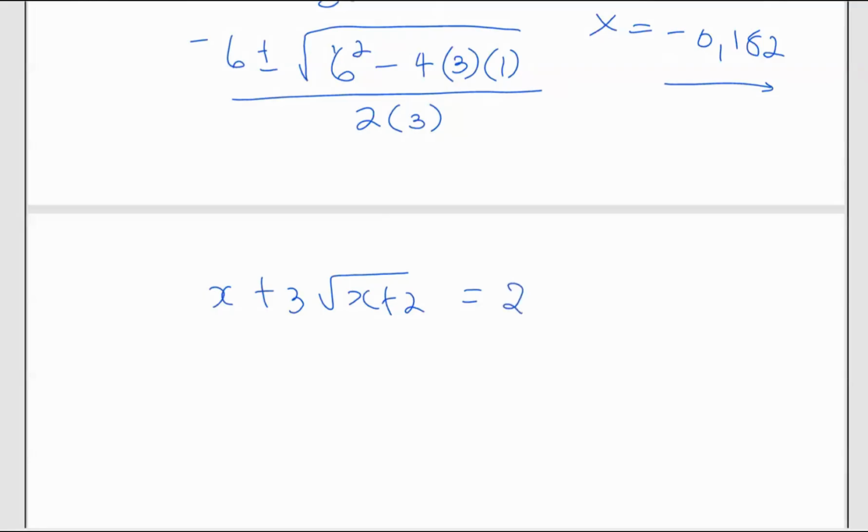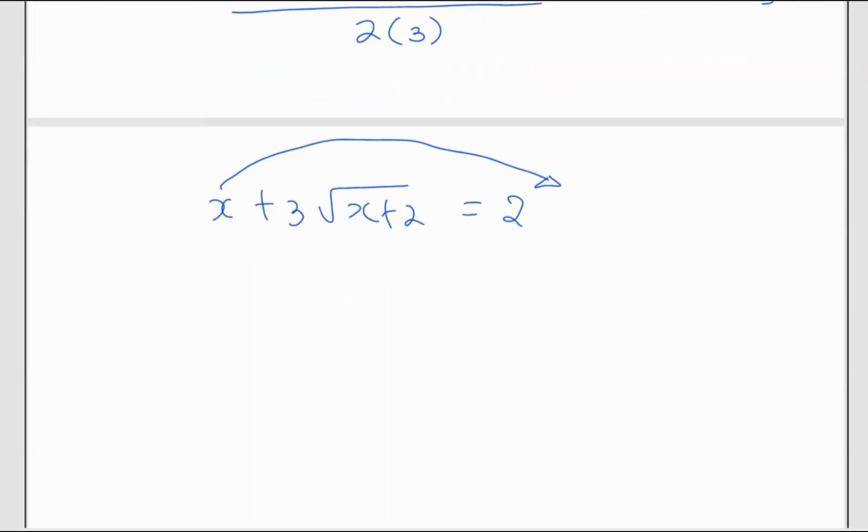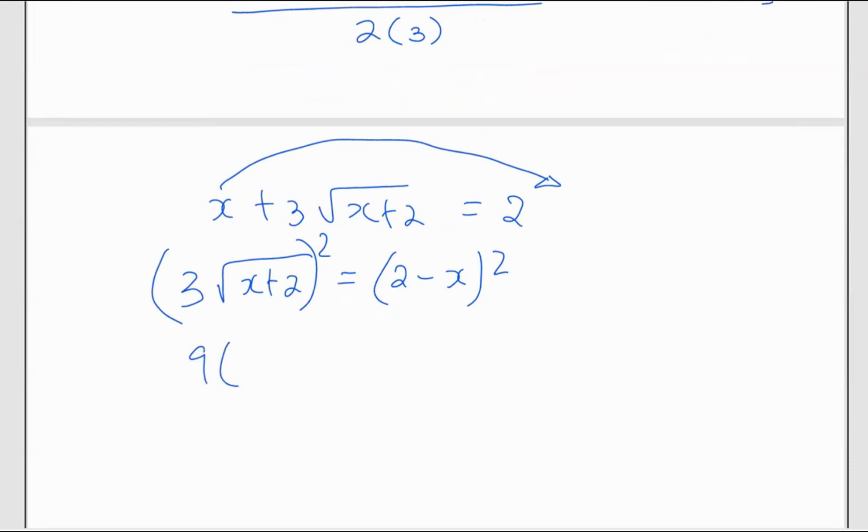So step number 1, we need to isolate this x to that side, okay? So I'll be left with just 3 square root of x plus 2 is equivalent to 2 minus x. And then I need to square both sides, which is my next step, so that I can kill the root sign. So this square will affect the 3. So 3 squared is going to be 9 into the root sign falls away.